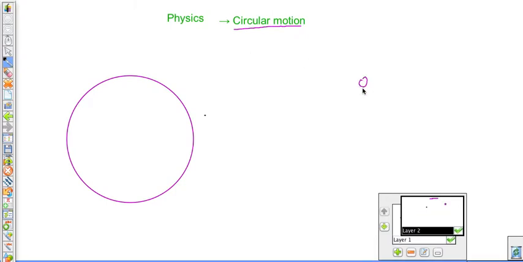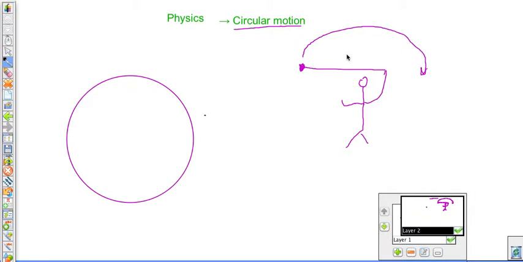So let's say that you are doing this thing, and you guys have probably all done this, where you've got a string with something attached to the end, and you're whirring that around your head in a circular motion.